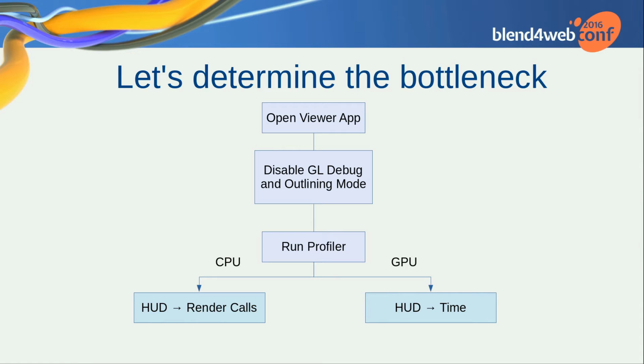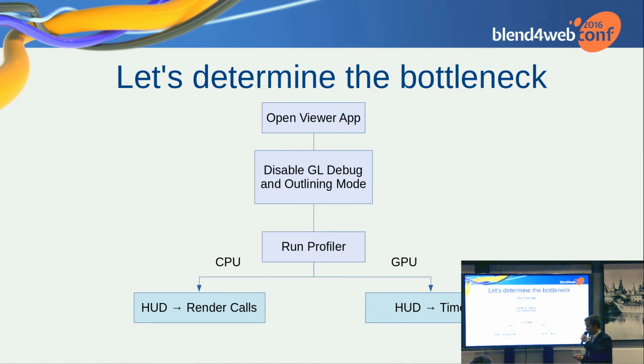Then run the profiler. In our case, I will be showing you everything in the Chrome browser. Then, from maybe 2 or 3 lines of its output, we can say what is causing the biggest problem, the CPU or the GPU.